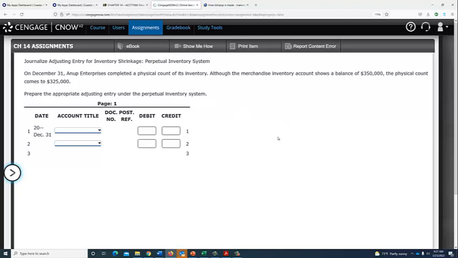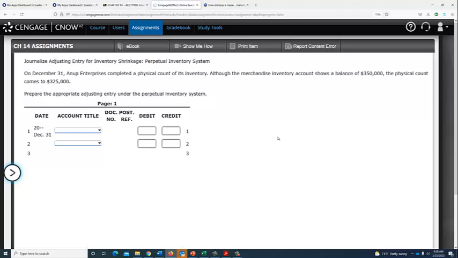And shrinkage is just the change in inventory because of errors, breakage, theft, etc. So even though under the perpetual system our merchandise inventory is constantly being updated, there are going to be issues that cause the figures to be a little bit off. So periodically we have to go in and count the physical inventory under the perpetual system so that we can make sure that our books are where they should be.